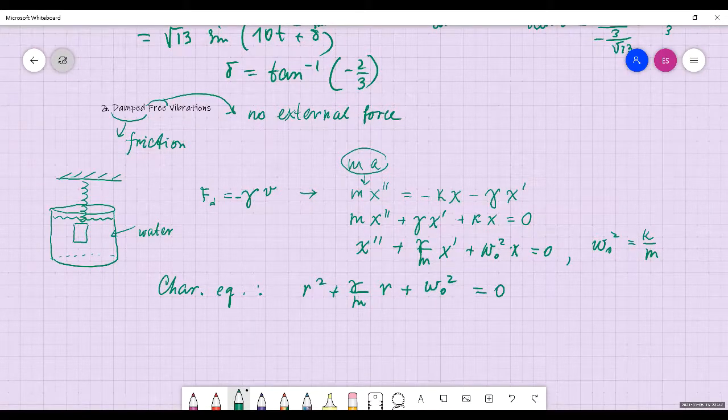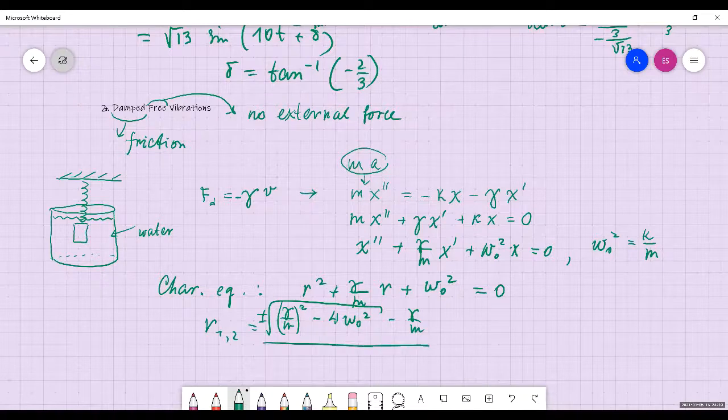Remember that omega 0 squared is k over m, right? Well, let's find R1 and R2. We have minus gamma over m, plus minus the square root of gamma over m squared minus 4 omega 0 squared, divided by 2.